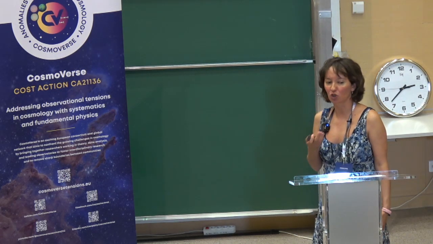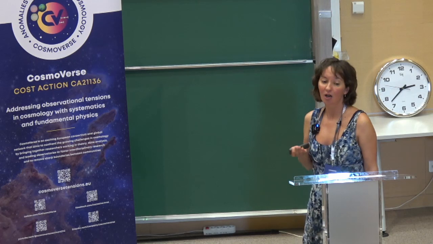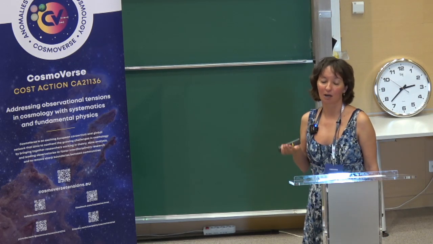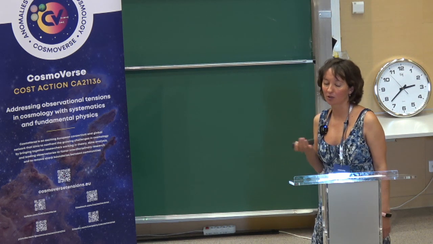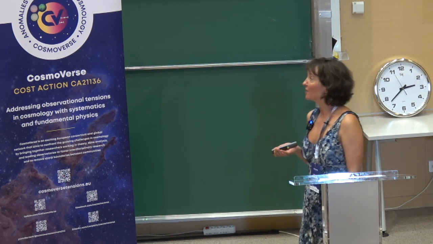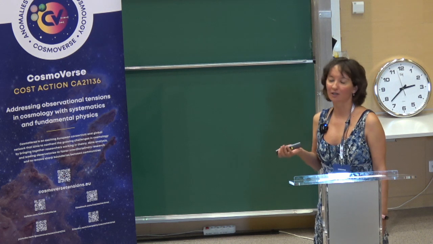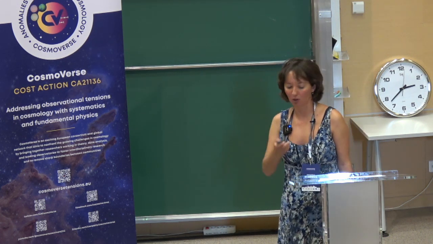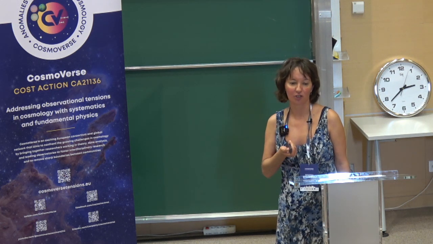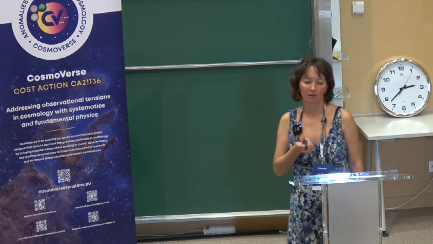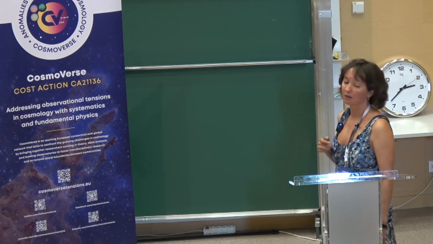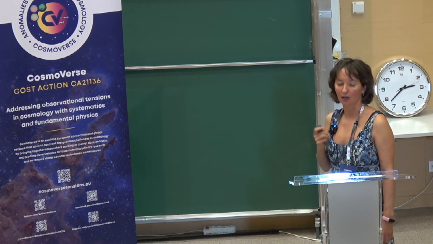Because if we have H0 or the sound horizon, we need to calibrate either with the early or with the late universe, and this will automatically impose that calibration on the final result, and it will make the tension even stronger, or at least as strong as it is. So this is a way around the issue.